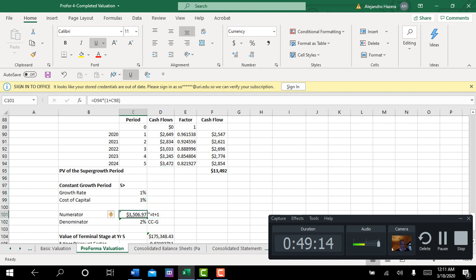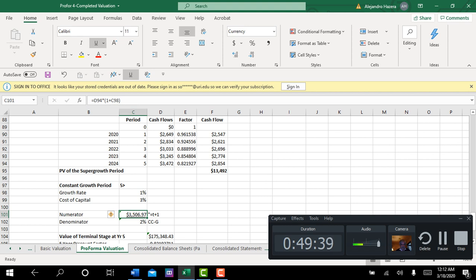3472 times 1.01. Notice the equation here is D94, which is that number right there, times 1 plus C98, and C98 is our growth rate.